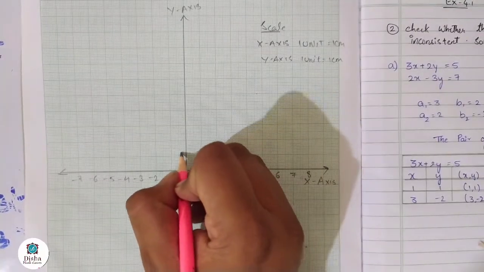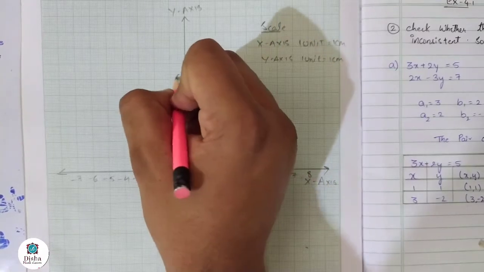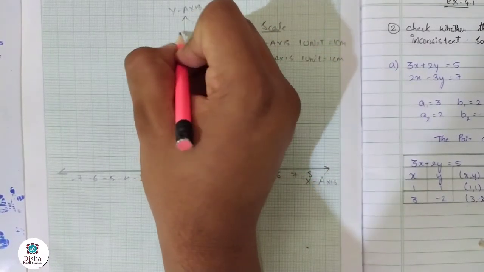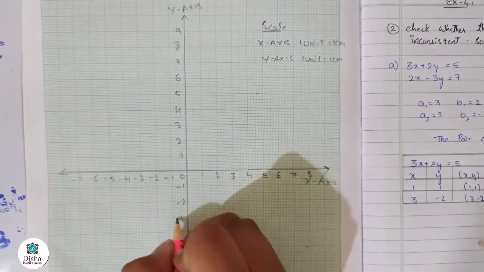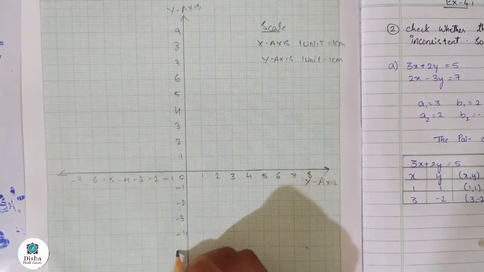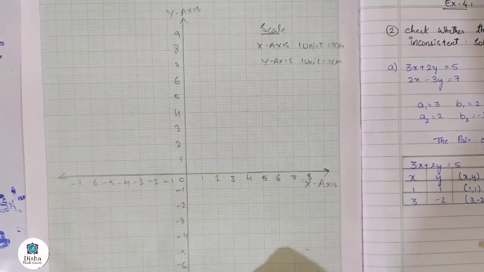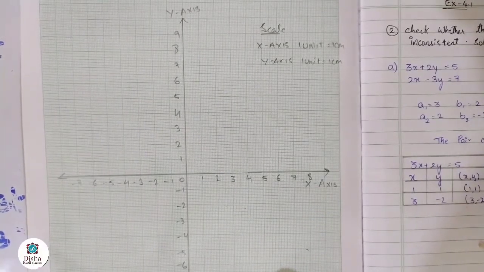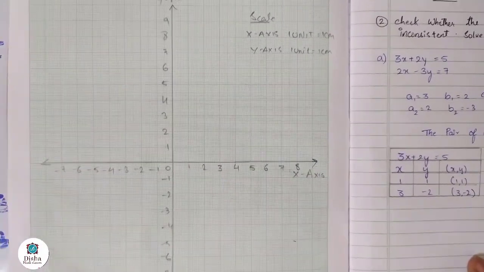Above we get positive 1, 2, 3, 4, 5, 6, 7, 8, 9, and below we get negative 1, negative 2, negative 3, negative 4, negative 5, negative 6, negative 7, negative 8, negative 9, negative 10, negative 11. Now what are the points to be plotted?